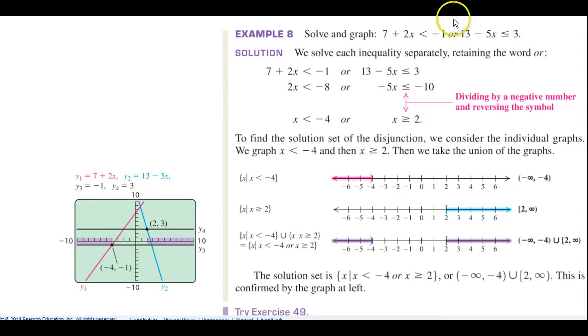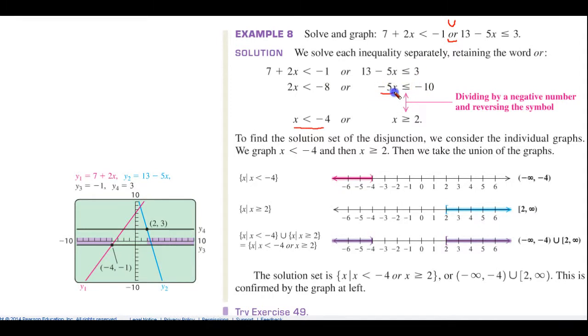Solve and graph this. So as you look at it, you see an inequality. You see another inequality. You see the word or, which indicates a union. So you're going to solve them individually. So you get this, or again, solve this. Notice that when they brought that 13 over, it became a -13, plus 3 became a -10.